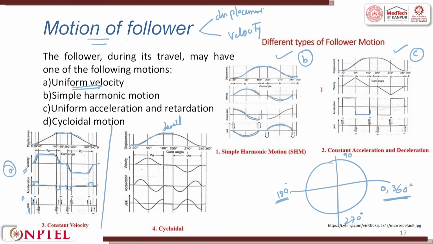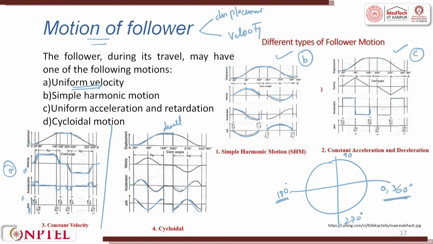When we plot it, you can see it is like a Gaussian distribution happening. Here it was not a Gaussian distribution, it was up and then down, right. And if you see the acceleration, it is a sinusoidal motion, and then the jerk happens like this.